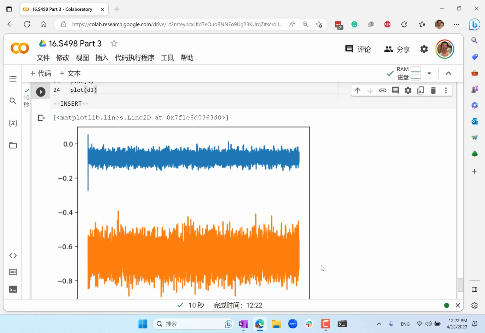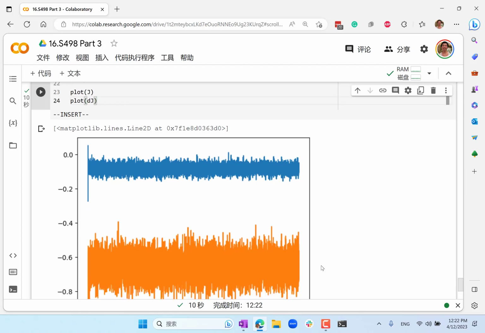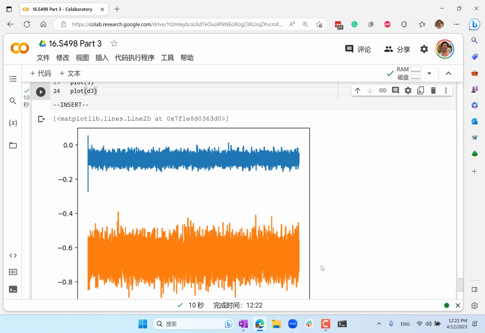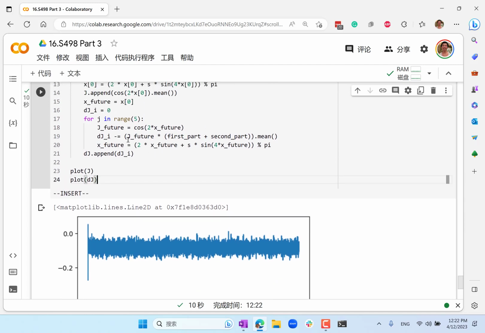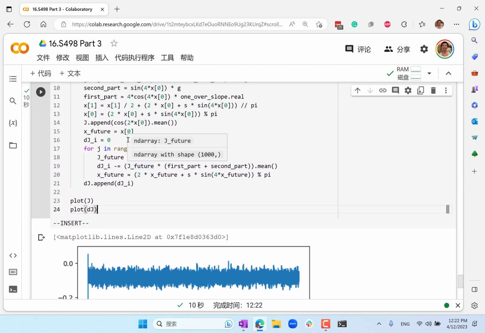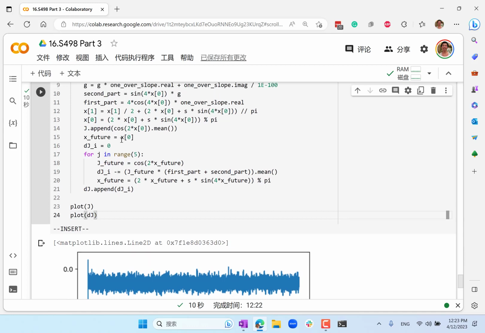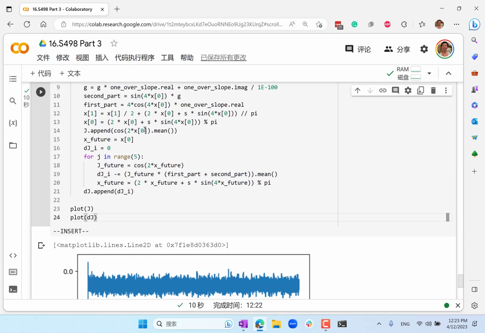Okay, and we can roughly estimate how good the sensitivity is by remembering that at s is equal to 0, the objective function is going to be exactly equal to 0, right? The objective function is a cosine of 2x, which averaged over a uniform density is equal to 0.